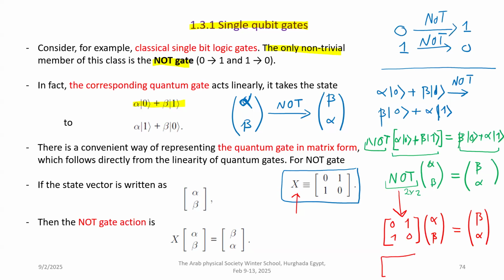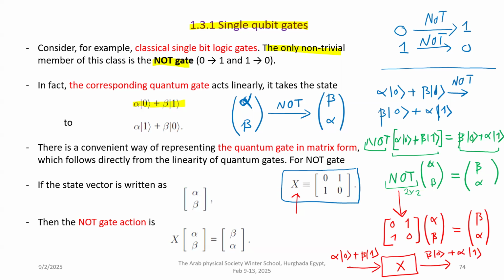It's something that you feed with the original qubit, which is alpha 0 plus beta 1. And this is the X. What it's going to give you out at the other side is beta 0 plus alpha 1.